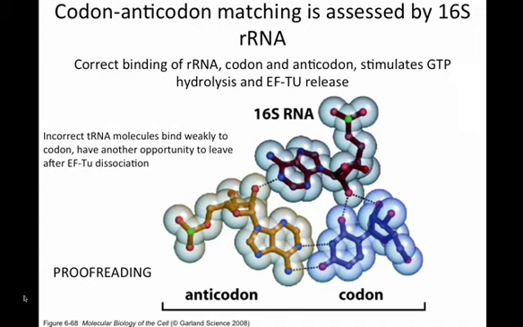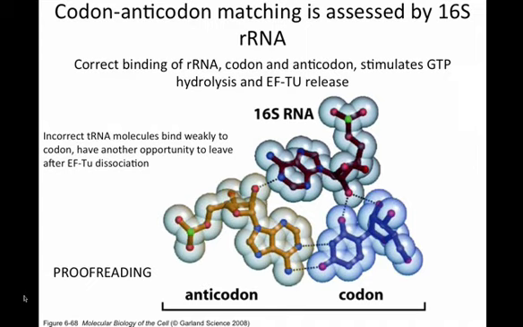It's so important that codons and anticodons match correctly and that the correct amino acid is brought in. So you also get this proofreading mechanism done by the 16S ribosomal RNA. The ribosomal RNA interacts with the codon and anticodon, and this is involved with EF2 release.